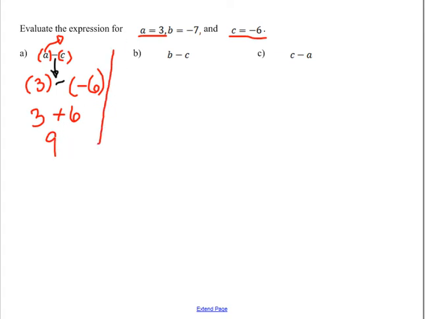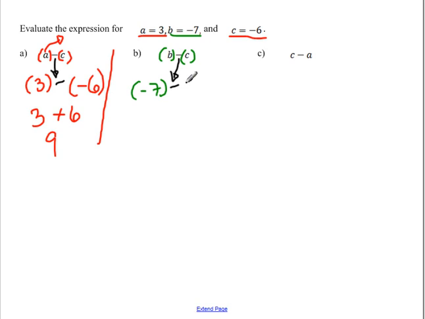And in the next problem, we're being asked to do b minus c, so we have to change up our values a little bit. We're still going to isolate our variables here. This time we're putting in b is -7, so -7. Again, watch that minus sign that's part of the original problem. That minus sign is just going to come right on down.